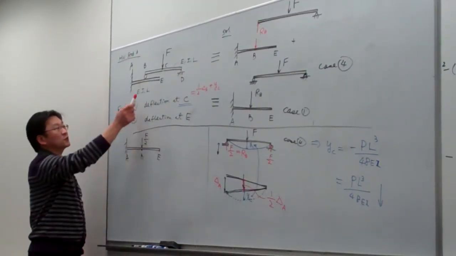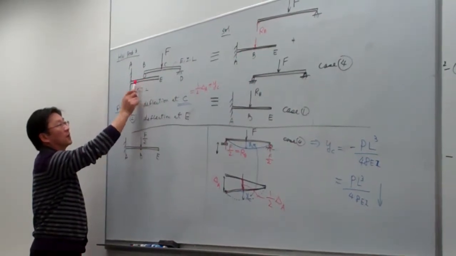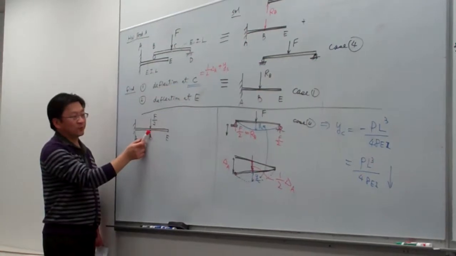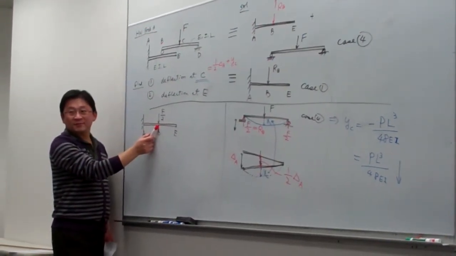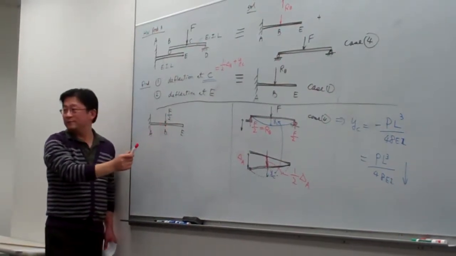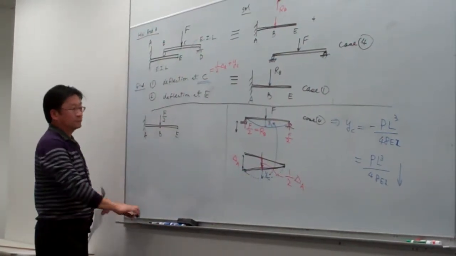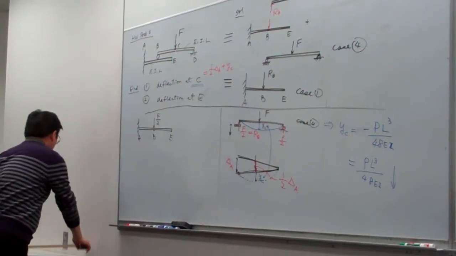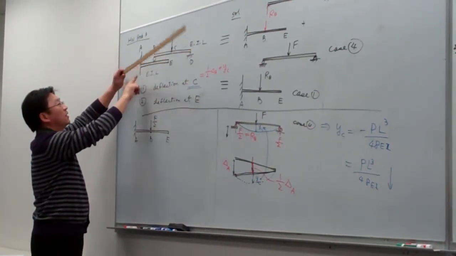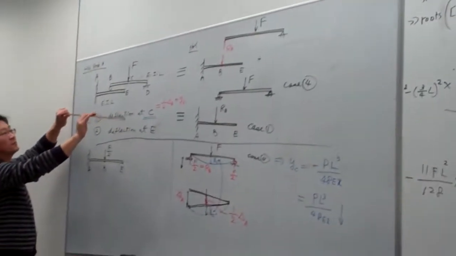Delta A is contributed from the deflection of the lower beam. So that means delta A actually is determined by this point here. Can you see it? No? Isn't it the deflection of B? So the deflection of B is going to cause this. You can see this one, right now, this is the beam ABE.